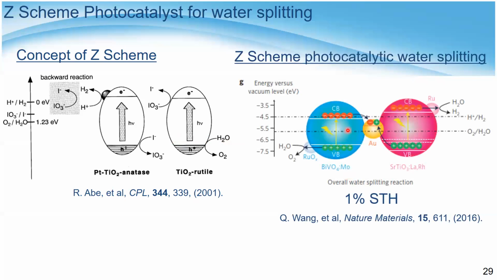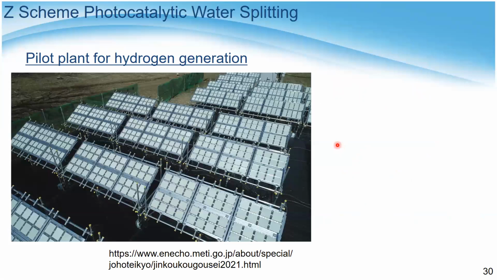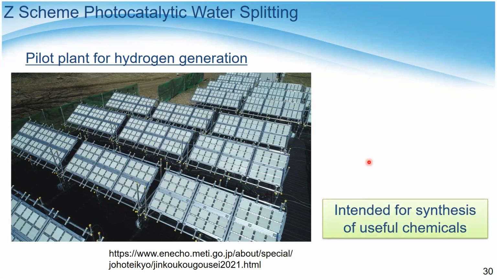And these days, it is now more sophisticated photocatalytic water splitting, where two different materials are used and a charge mediator is used for direct charge transfer between the two materials. And now the best one shows 1% STH. In Japan, a pilot plant for hydrogen generation has been deployed for a test, which is intended for the synthesis of useful chemicals.